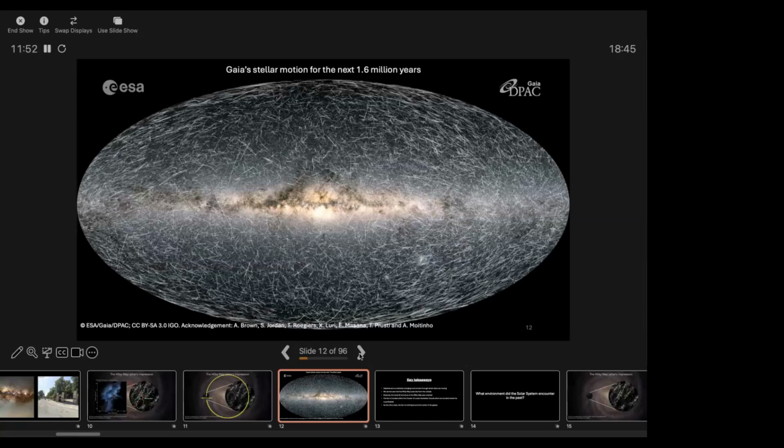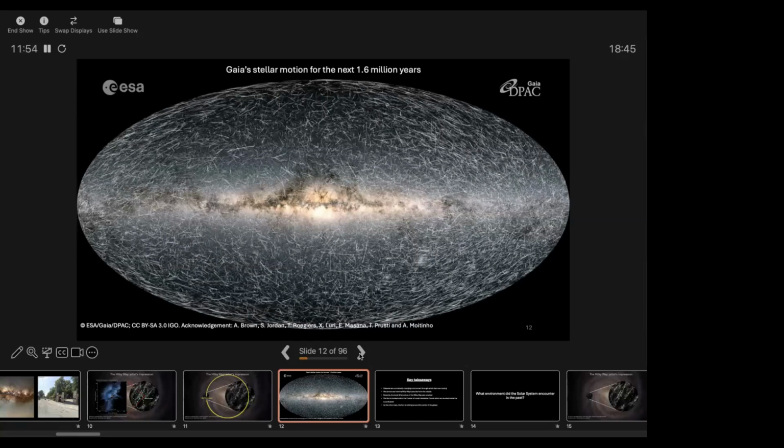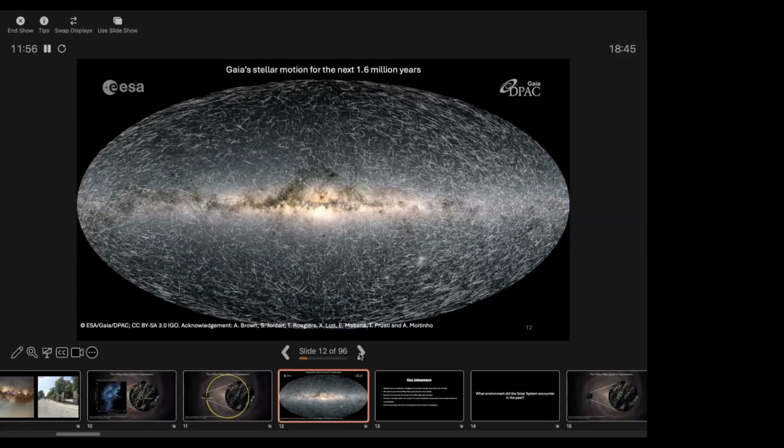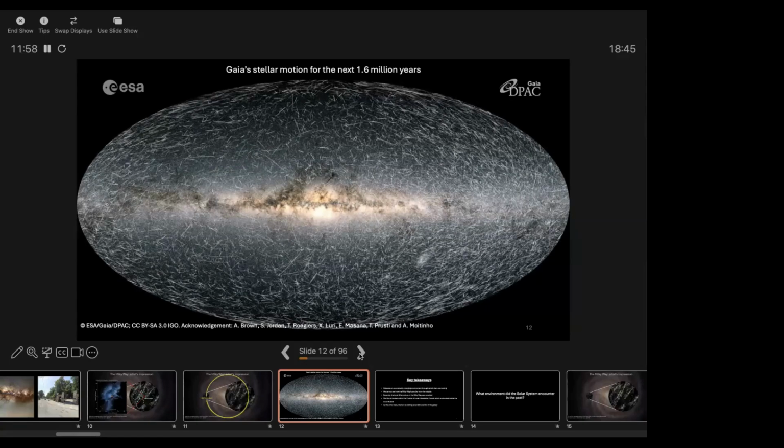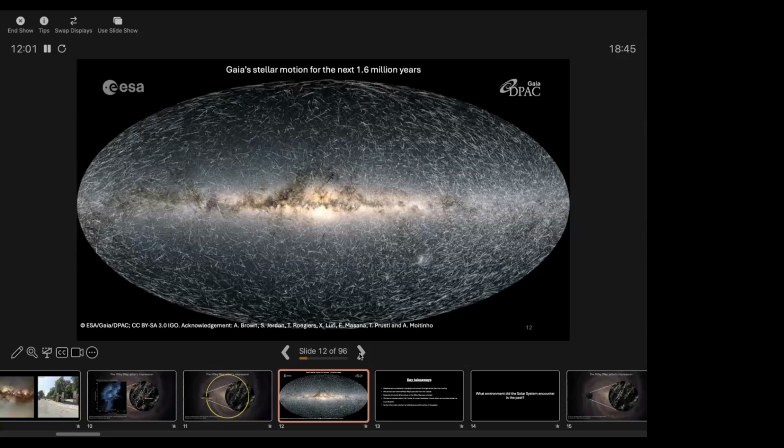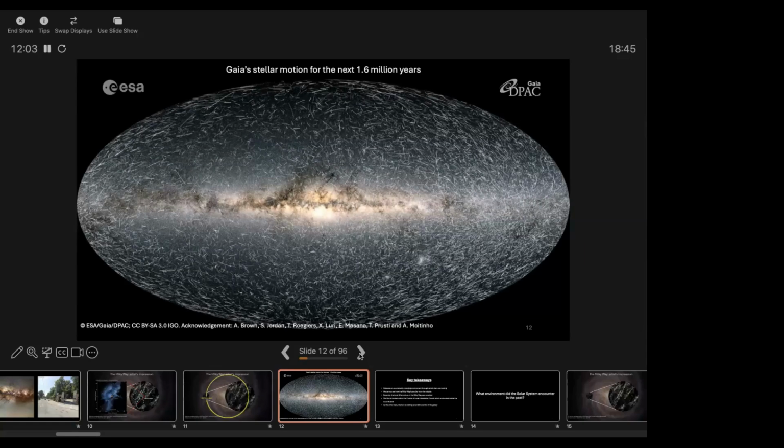Just to remind you, the sun takes 225 million years to complete a full cycle, and here I'm just showing you 2 million years of motion of the stars. So, just to keep in mind that the galaxy is a constantly evolving environment and everything is moving. The constellations that we see now in the sky were not the same 1 million years ago and will not be the same in 1 million years from now.